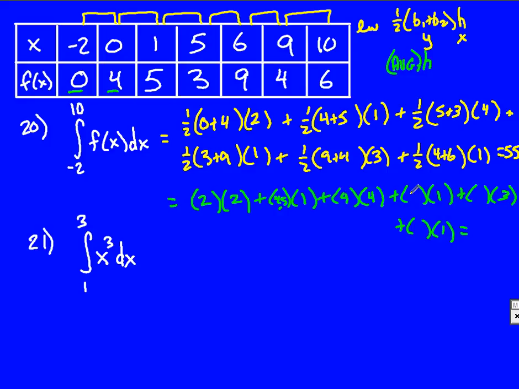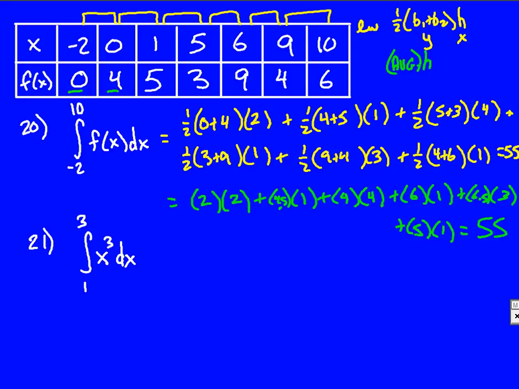Between 3 and 9 would be 6. Between 9 and 4 would be 6.5. And between 4 and 6 would be 5. And guess what? 0 plus 4 divided by 2 is still 2. 4 plus 5 divided by 2 is 4.5. You're going to add them up, and you're going to get the same thing either way. So either one of those strategies will work to get you the same exact value.